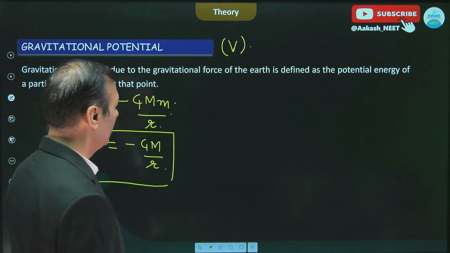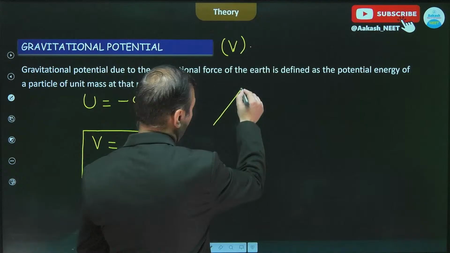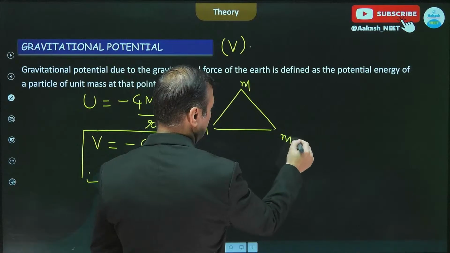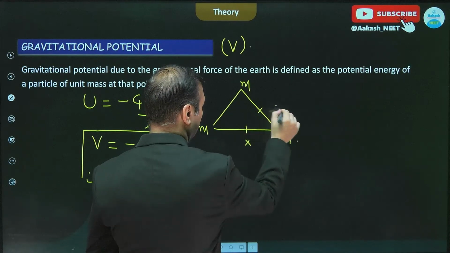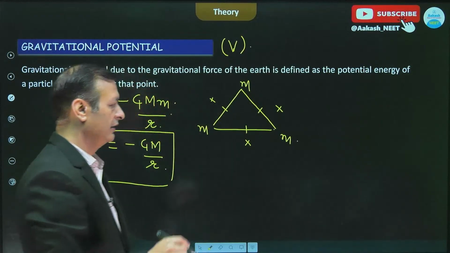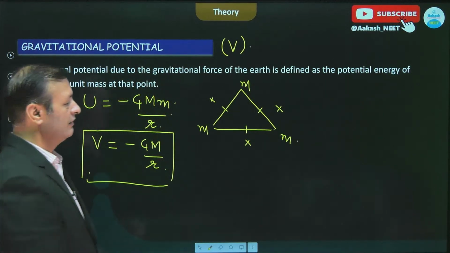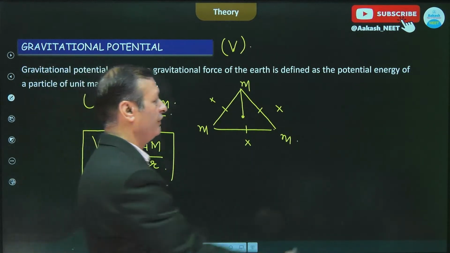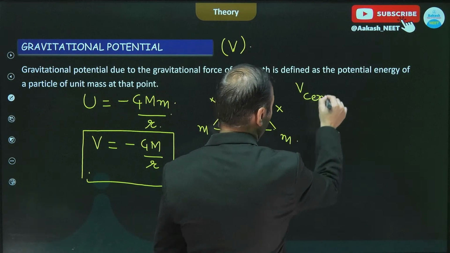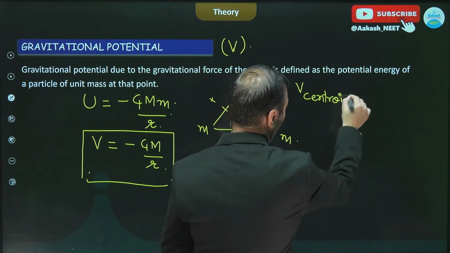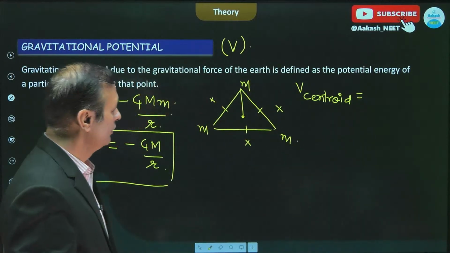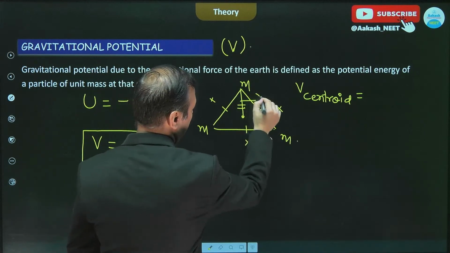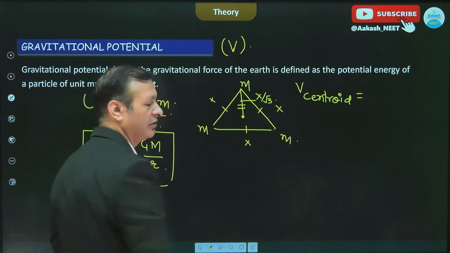Based on that, if I give you a very simple numerical of the same configuration, let's suppose this is mass m, this is mass m, this is mass m, in an equilateral configuration. If I ask you to find the gravitational potential at the centroid, if this is side x, then this distance is x by root 3.